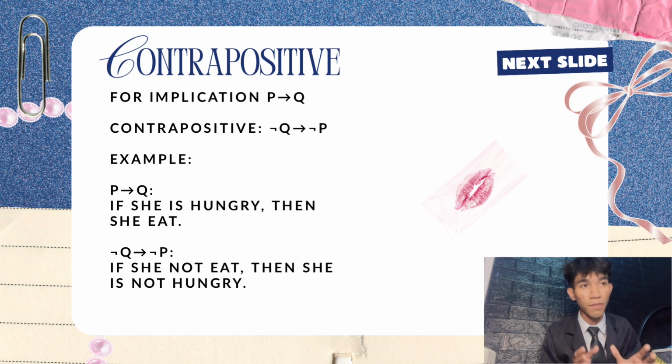So this is the contrapositive, which is negation Q implies negation P.